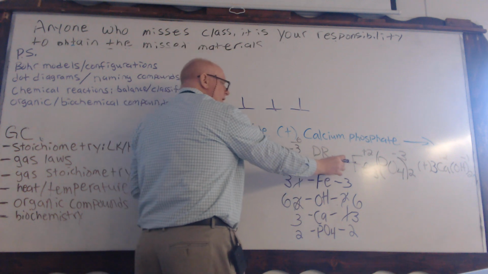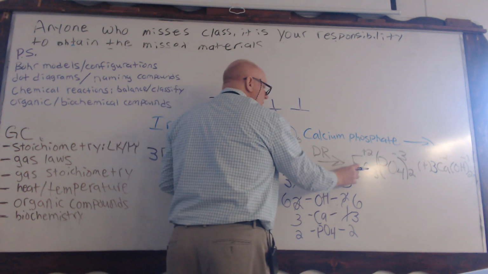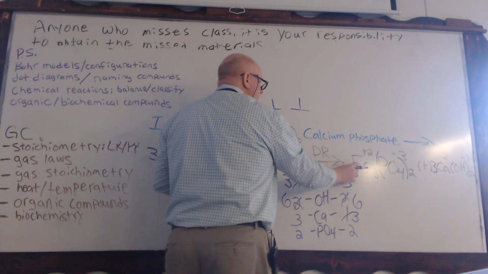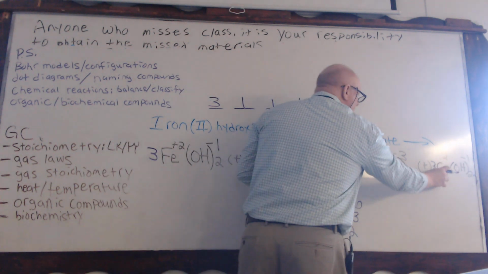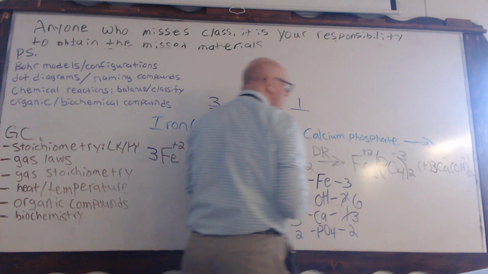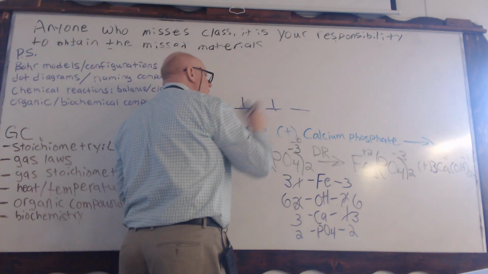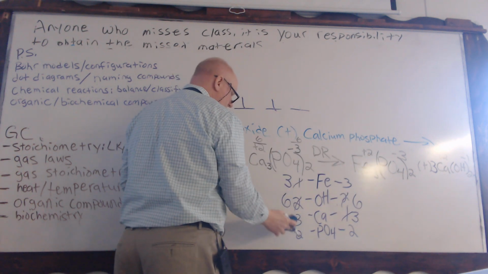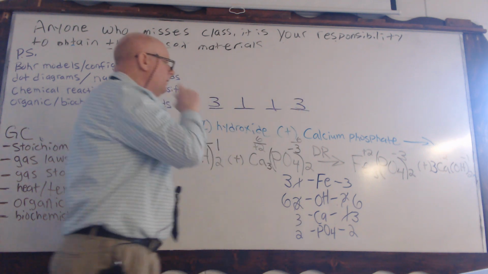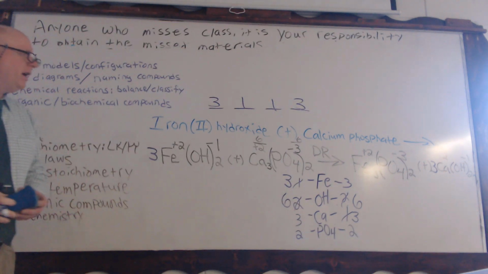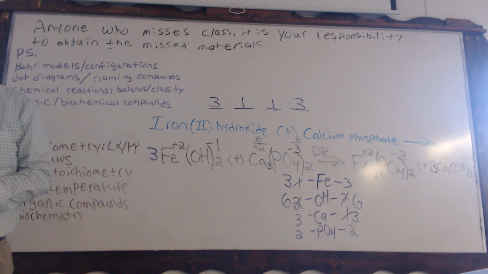And then in front of this compound, there was a 1, and we're going to leave it. Then in front of this compound, there was a 1, but we changed it to what? Changed it to 3. There we go. That is now balanced.